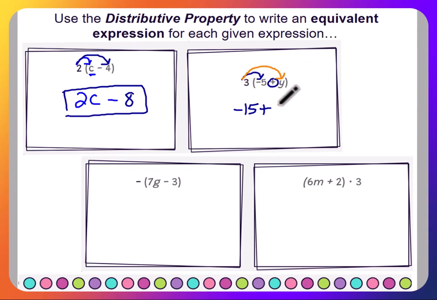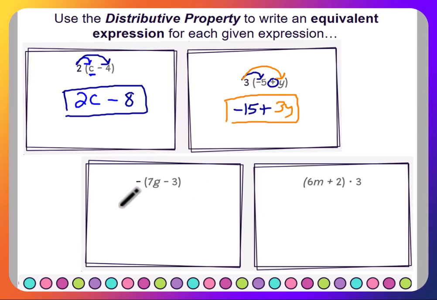So 3 times 1 y gives us 3y. Using the distributive property gets rid of the parentheses. Instead of knowing how many groups you have, you're going to find out how many total constants and how many total variables you have.